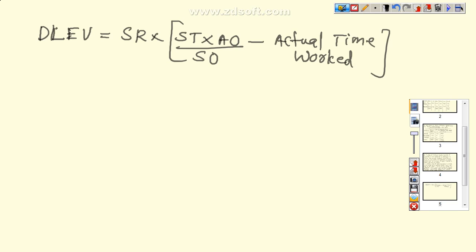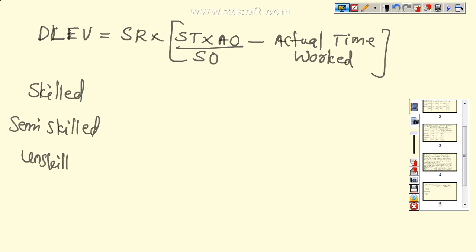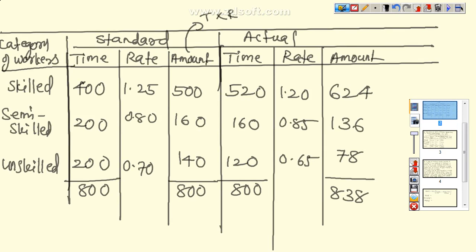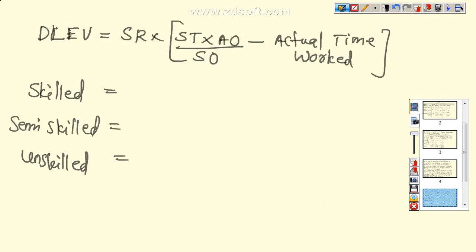There are three workers: first skilled, second semi-skilled, third unskilled. The standard rates are again the same as given in the question: 1.25, 0.80 and 0.70.